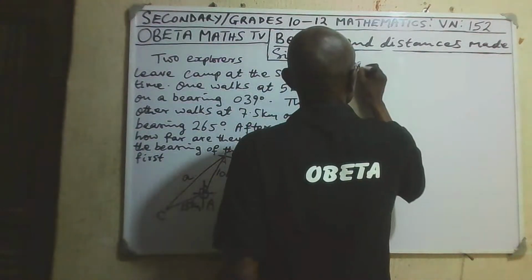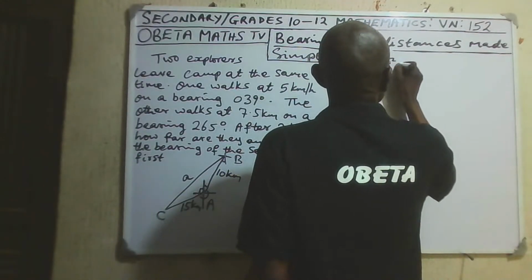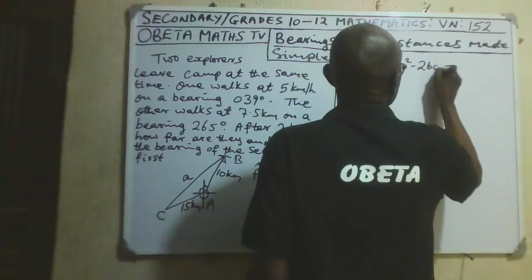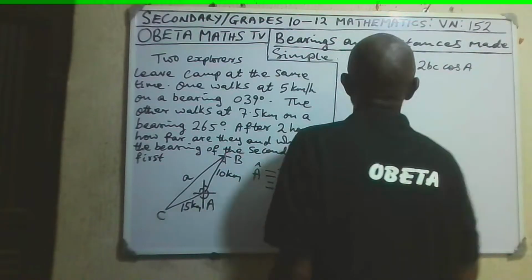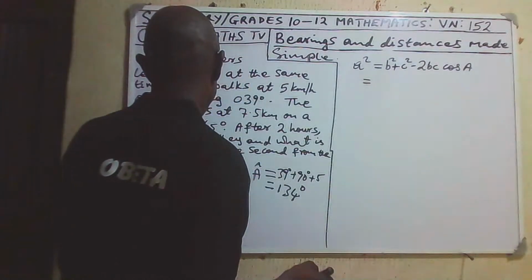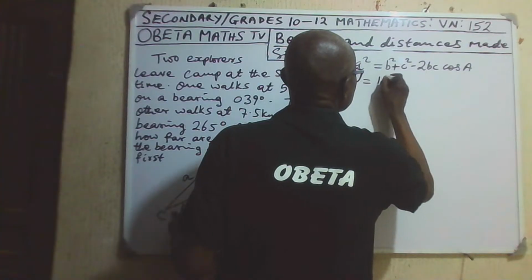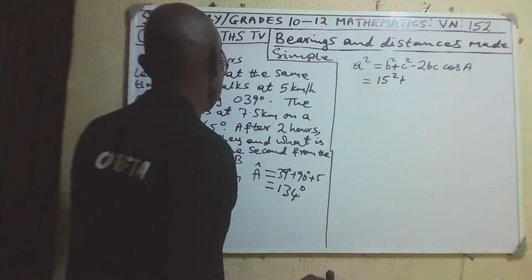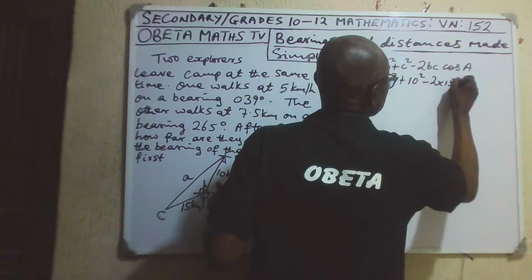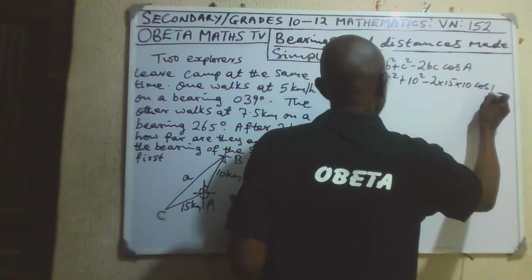That means we have a squared is equal to b squared plus c squared minus 2bc cos A. And that will now give us, with b being 15, 15 squared plus 10 squared minus 2 times 15 times 10 cos 134.